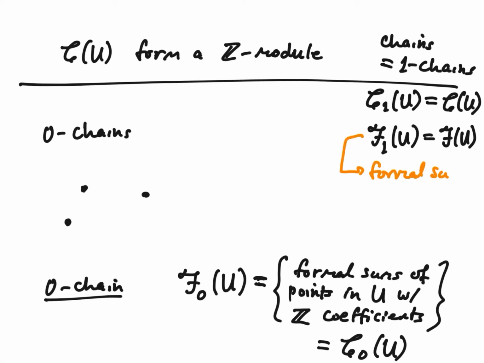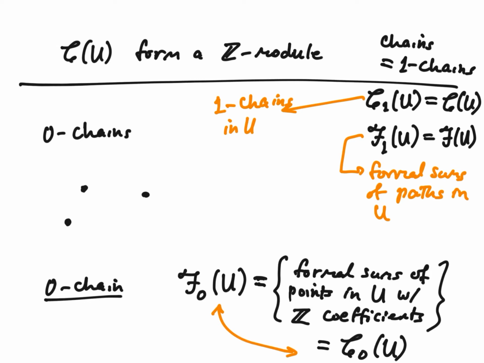So these are formal sums of piecewise smooth paths in U, and these are one-chains in U, which again are just equivalence classes of paths under our equivalence relation. And then C0 of U, which is the same as F0 of U by definition, will just be formal sums of points. Why do they come out the same, whereas these two are not the same?